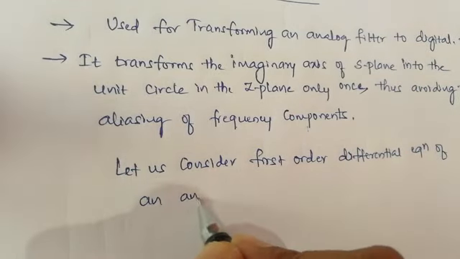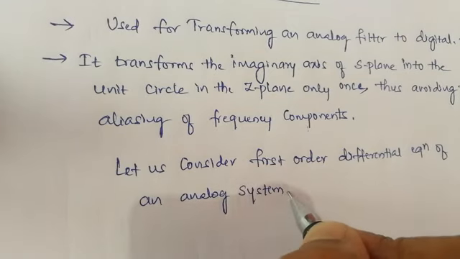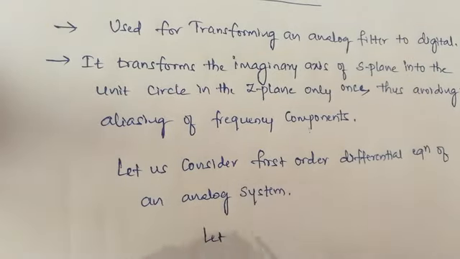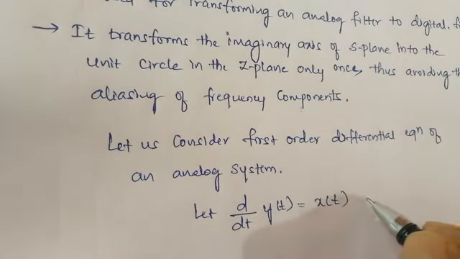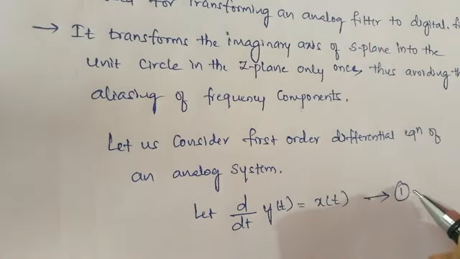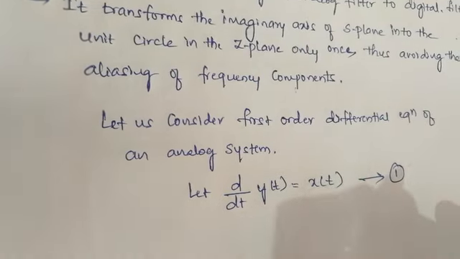Let the differentiation of output y of t be equal to the input x of t, represented as equation 1. Here y of t is the output and x of t is the input of the system.